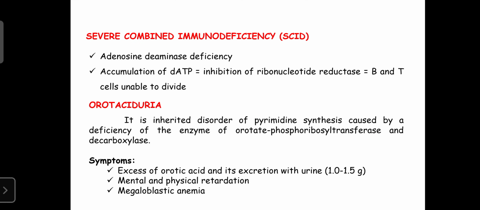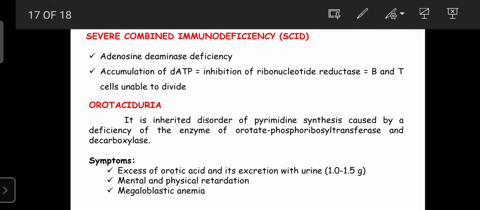The last one is severe combined immunodeficiency, also written as SCID. It occurs due to a decrease in the degradation of purines. That is the adenosine deaminase deficiency, the enzyme required for the degradation of purine. Due to that, there is no degradation, and it can cause the accumulation of dATP.